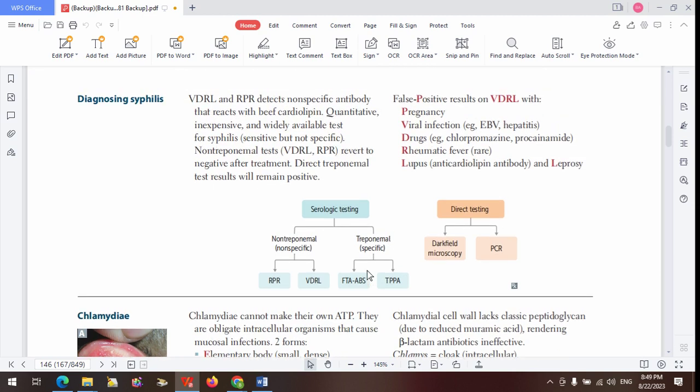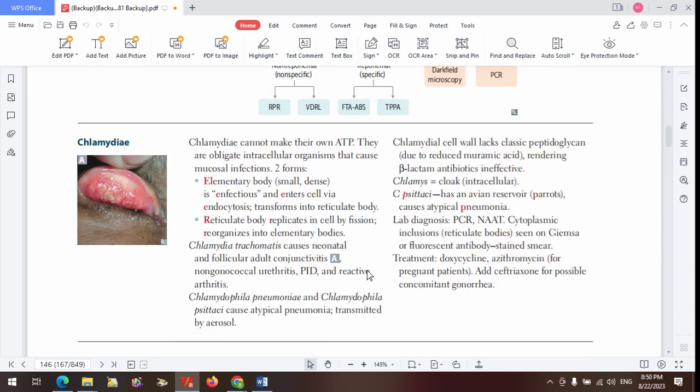Once FTA or TPPA is negative in somebody you are thinking has neurosyphilis or any secondary or tertiary infection, you know that person truly doesn't have it. So you can say it has a negative predictive value. Once you do it and it's negative, you can confidently tell that person doesn't have it. So that's about the use of the treponema specific tests in diagnosing syphilis.